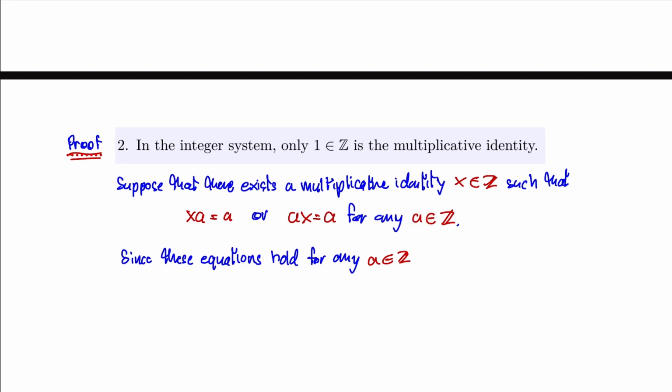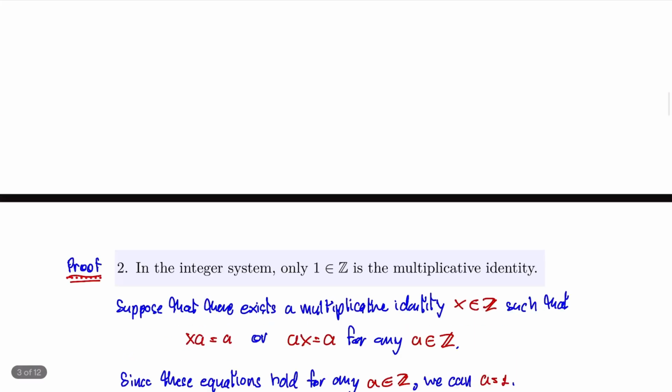In this case, I want to use a equal 1. So what happens next? We have 1 times x equals 1, or 1x equals 1.